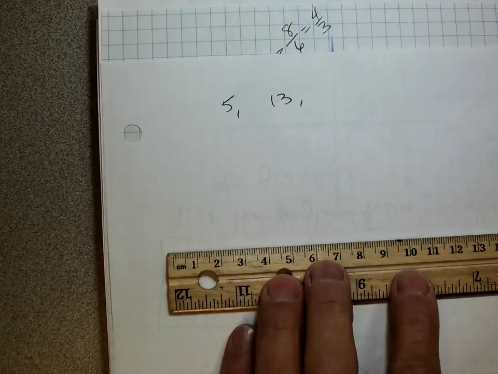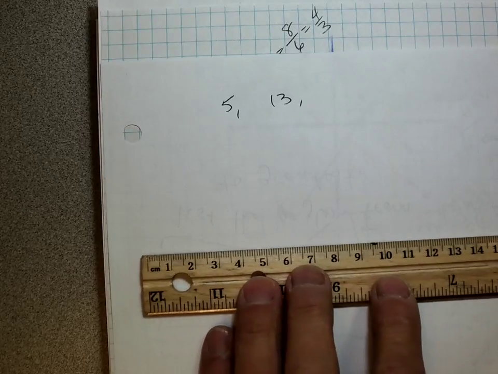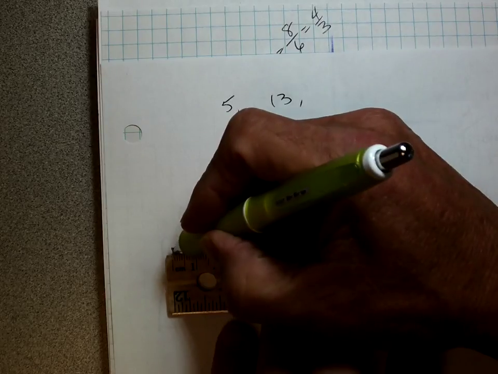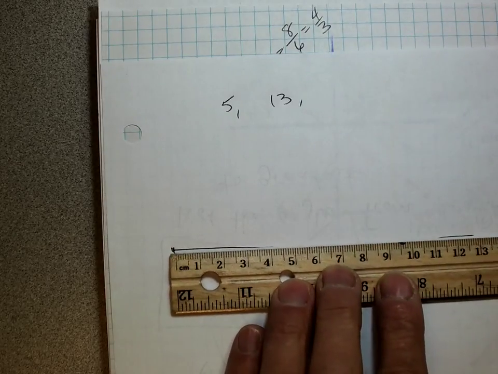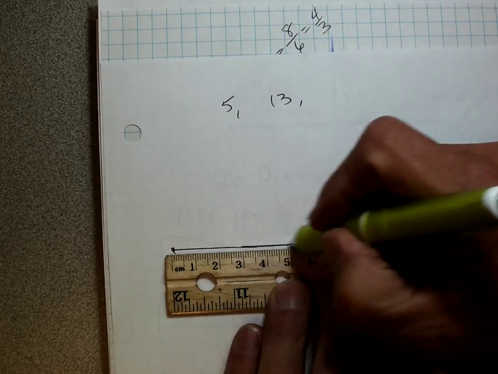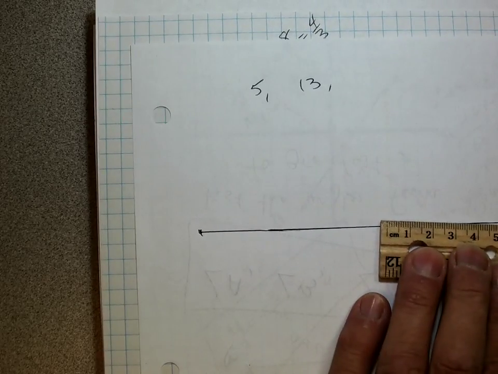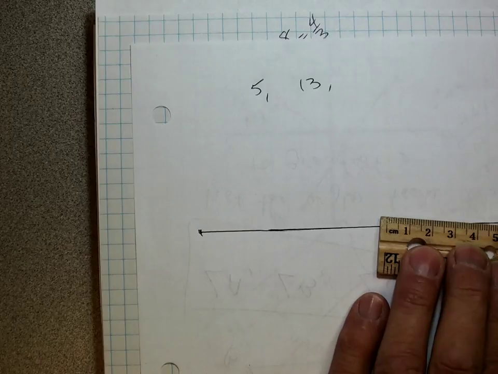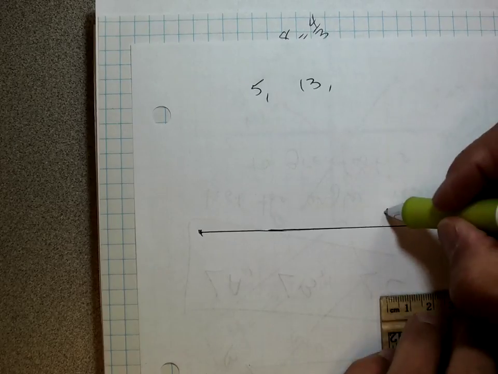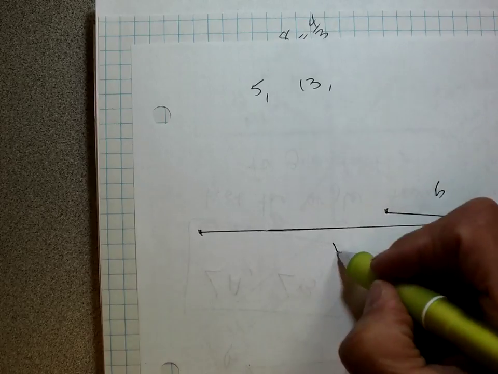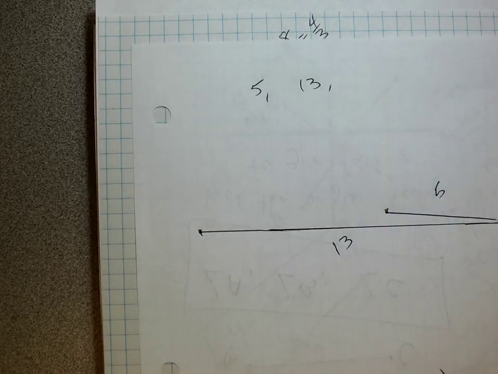I just want you to watch, okay? One side's 13, the other side's 5. If this is 5 like this, you watch my picture? This is 13. It has to be over 8. There you go. But under 17.